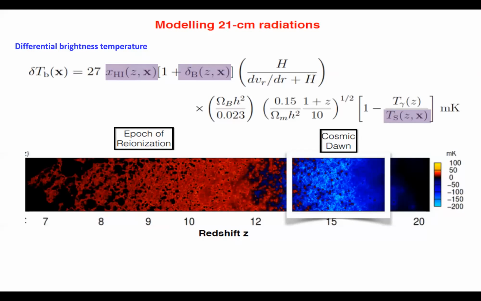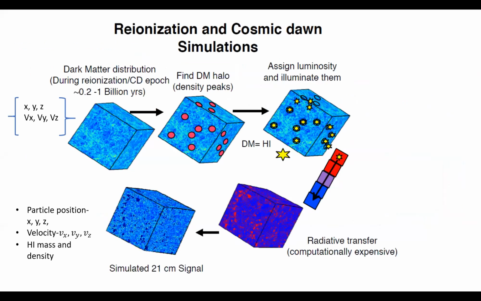Okay, so now let me tell you briefly the basic pipeline for simulations. Here, this picture shows the pipeline for simulations. So in the top left picture, we start with a dark matter distribution simulation.